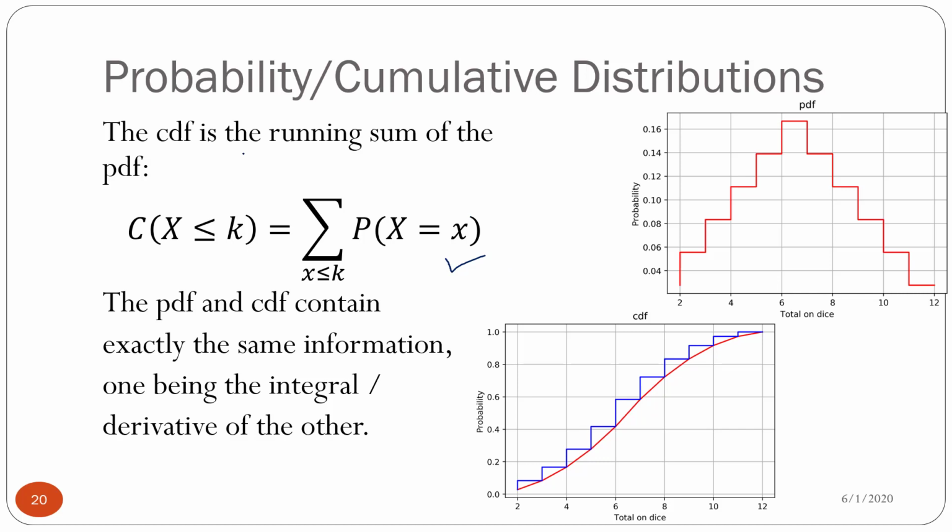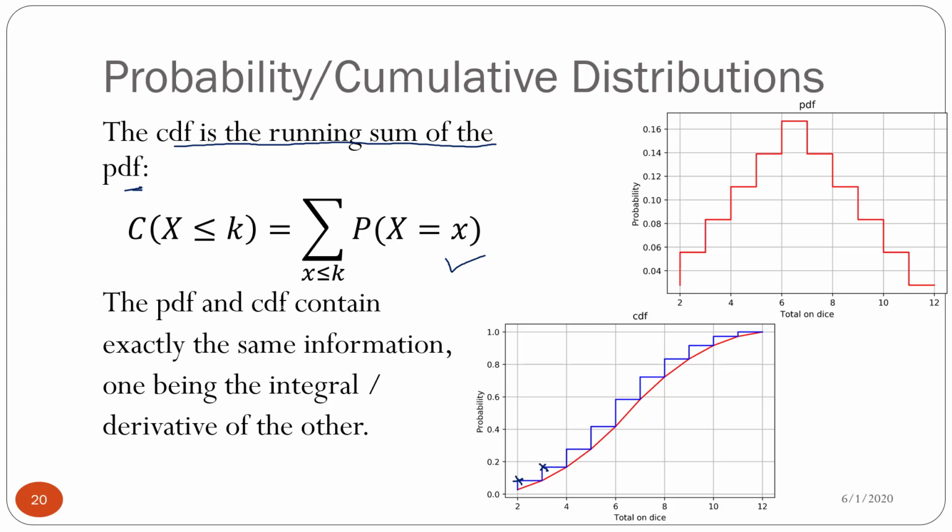What is the cumulative distribution function? This in fact is the running sum of the probability density function. So what does that mean? Here you know that the probability of getting 2 as the sum is right here. Now when you come to this point here, you will add the probability of the previous random variable also.